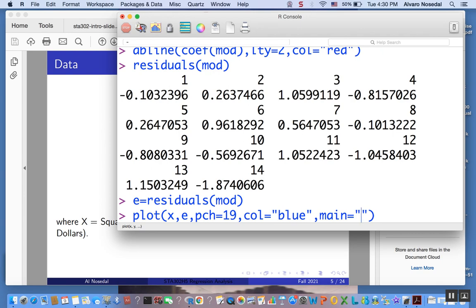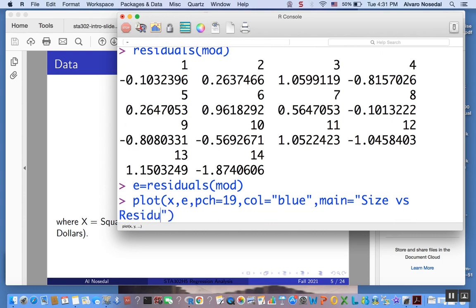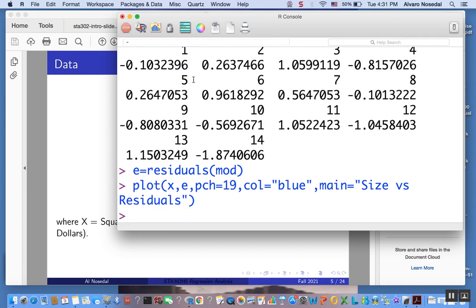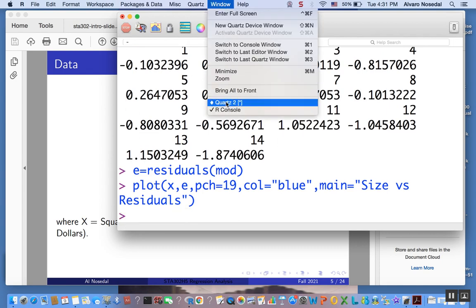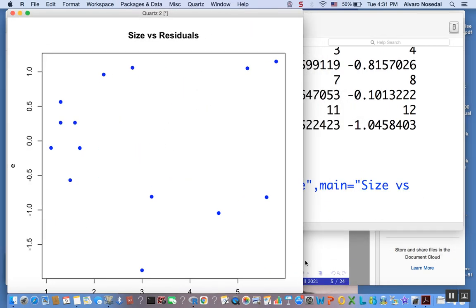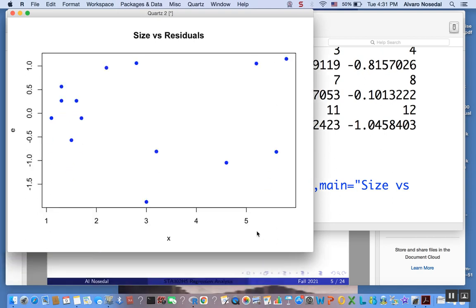How about predictor variable against residuals, or in this case it would be size against residuals. Let's see. There we are.